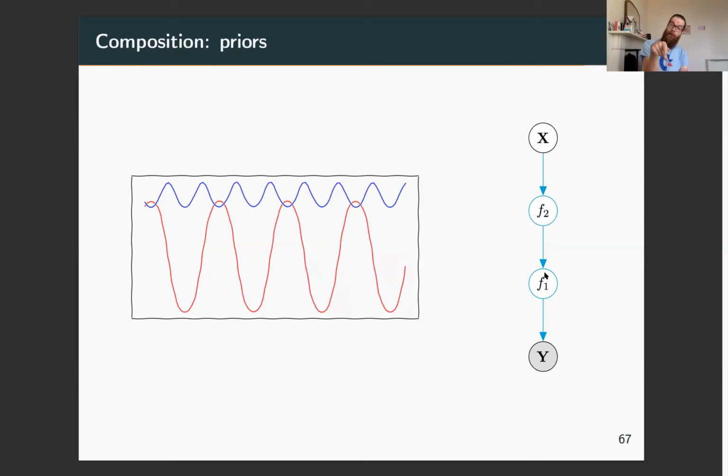If I map a sine through a cosine, I get the blue curve. These 2 are fundamentally different. The period has changed. They changed brutally. So what I'm trying to say here is that if I specify something which is natural on each layer, it often becomes really, really strange when it comes out at the end. So it's very hard to think of priors as decomposed in compositions.